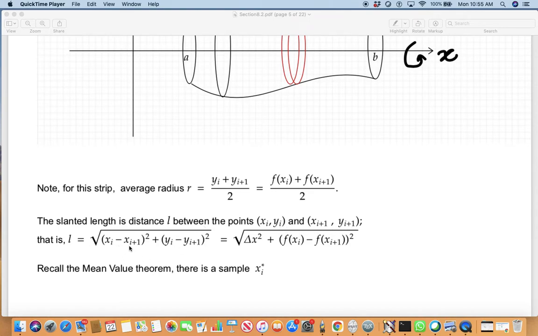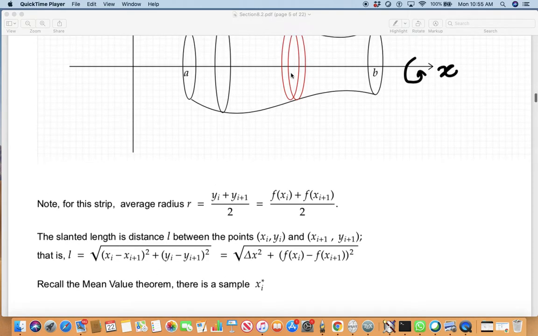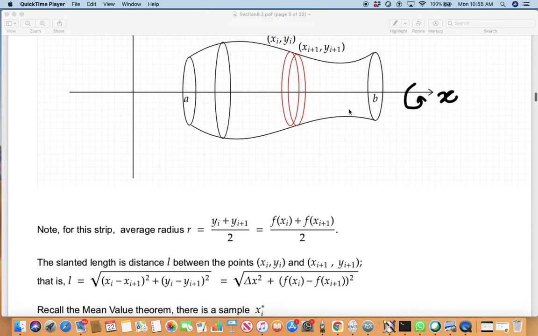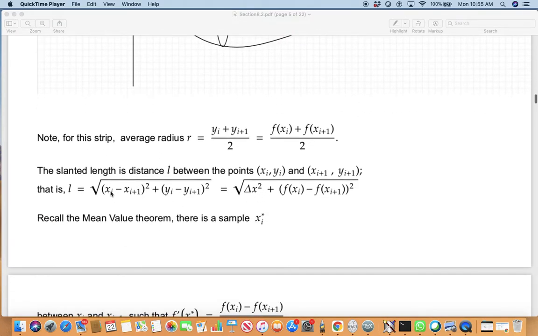Xi minus xi+1 is what we'll call delta x. Assuming all these strips are equally spaced, we'll call (xi minus xi+1) squared delta x squared. yi is f(xi), yi+1 is f(xi+1). So that difference is (f(xi) minus f(xi+1)) squared.